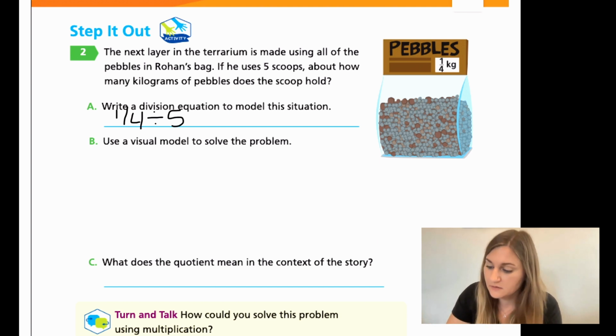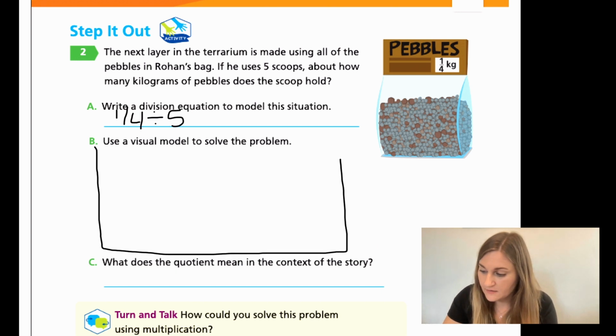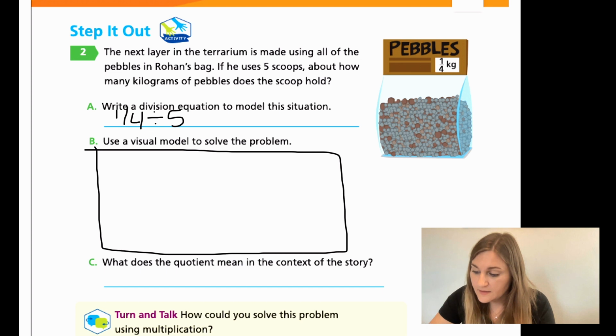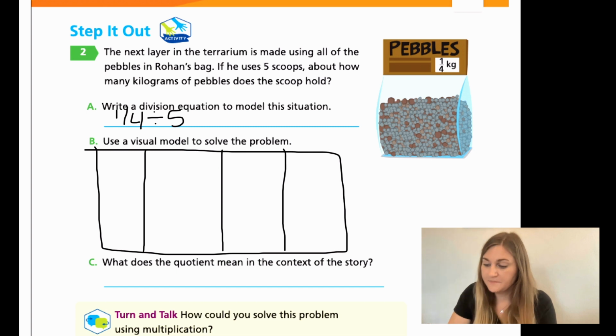Using a visual model, I'll take up as much space as I can here. I know that I need to break it up into fourths first. So if I cut this in half and then cut this in half, that'll make my fourths. And then going the other way, I need to break up my fourths into 5 different sections.